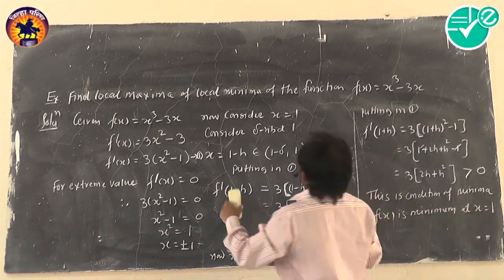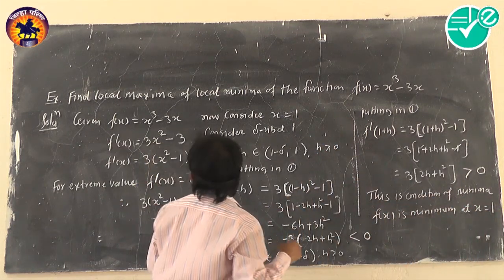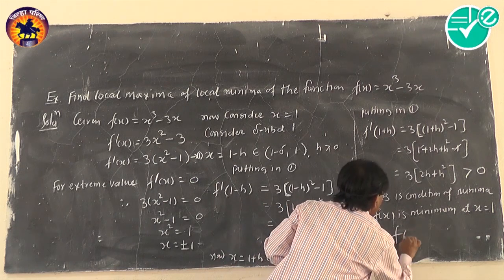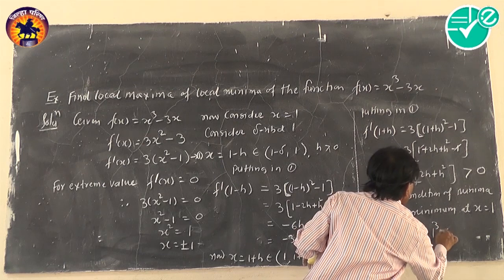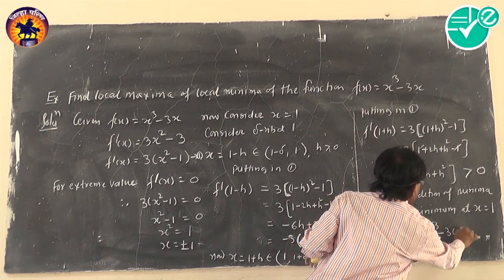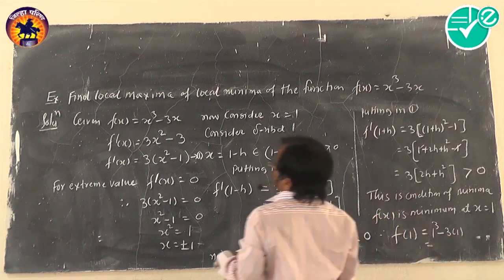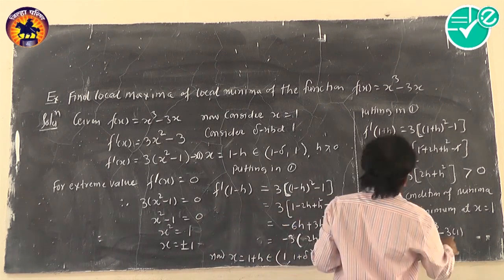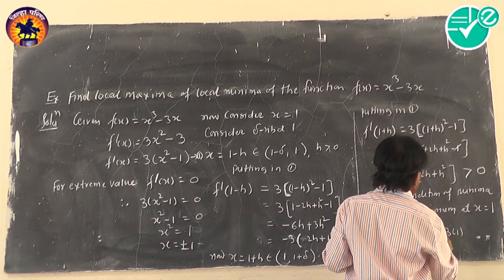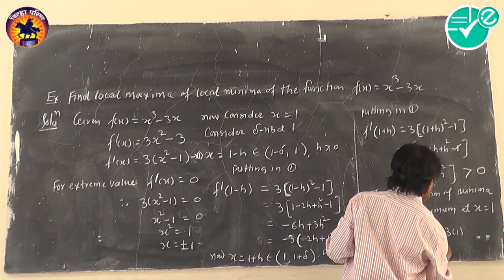Now put x is equal to 1 in the equation. Therefore f of 1 is equal to 1 cube minus 3 into 1, that is 1 minus 3, that is minus 2.